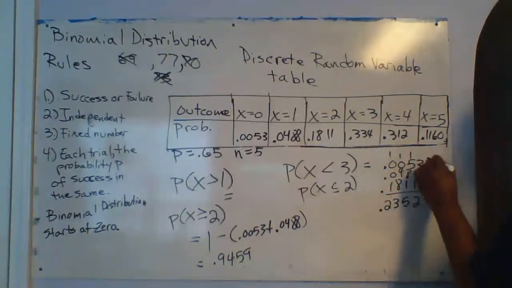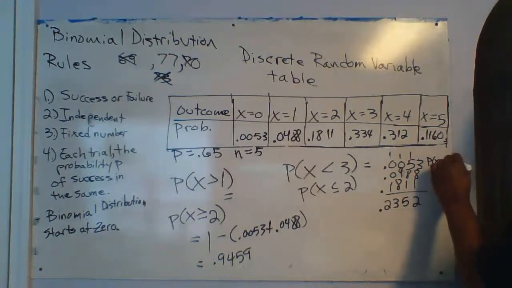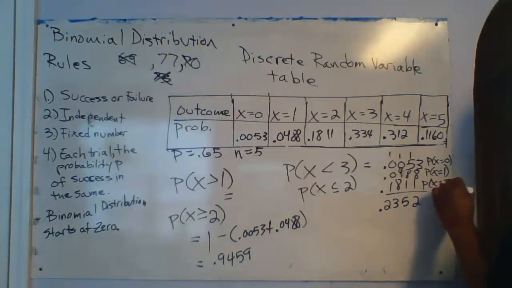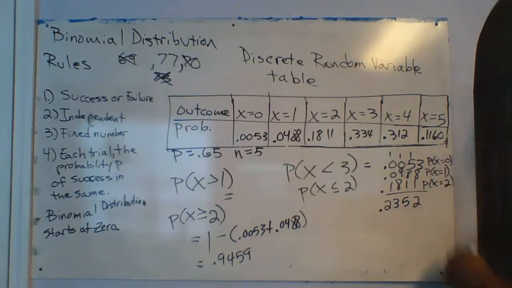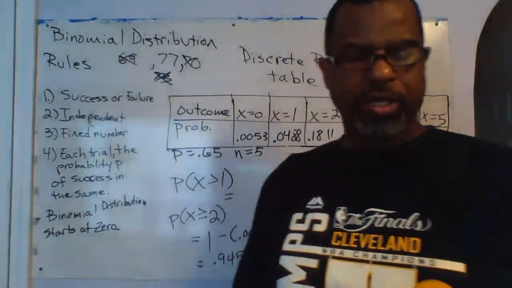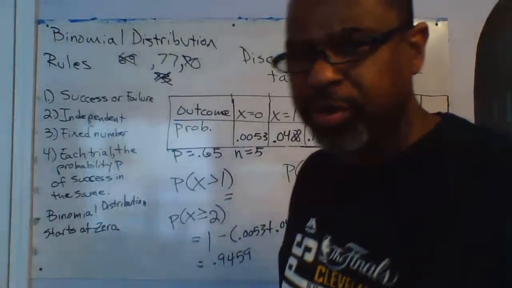So this is going to be P of x is equal to 0. This is x is equal to 1. And this is x is equal to 2. And all these, 0, 1, and 2, are less than 3 because it is a discrete random variable.